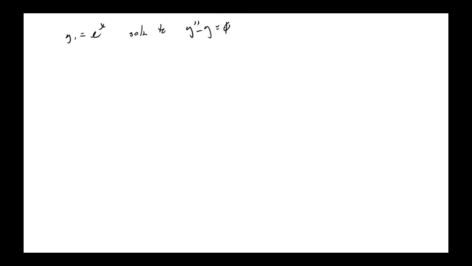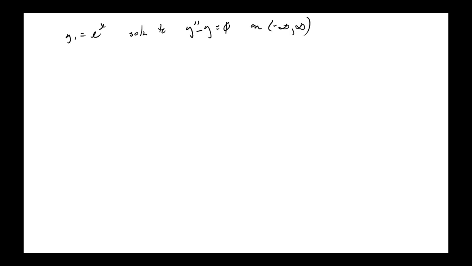Well, let's make sure that's true. What's y1 prime? What's y1 double prime? And e to the x minus e to the x, sure enough, is 0, right? So we know that's the solution. And that's the solution everywhere, on minus infinity to infinity. E to the x is good everywhere.